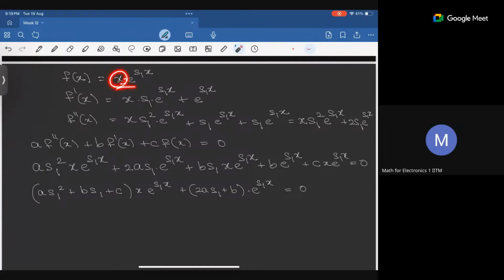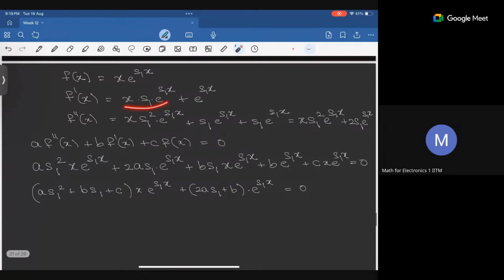So x is one function, e power s1x is another function. We'll have x into s1 into e power s1x plus the derivative of x, which is 1, into e power s1x. And when you take the double derivative, all you have to do is take the derivative of this. So if I take the derivative of this, again, this is the product of two functions, x and s1 into e power s1x.